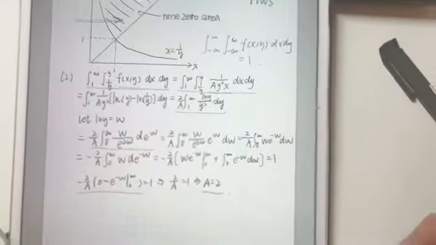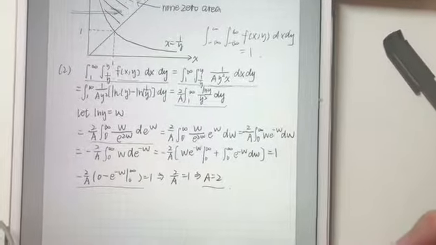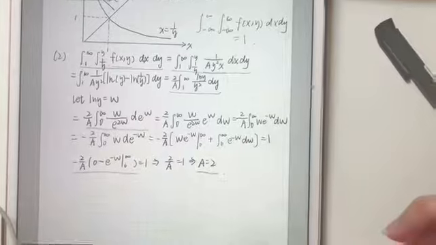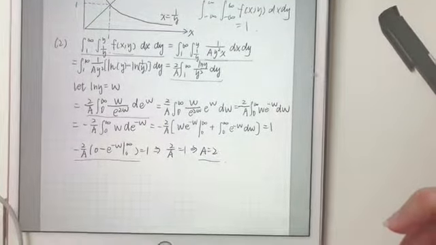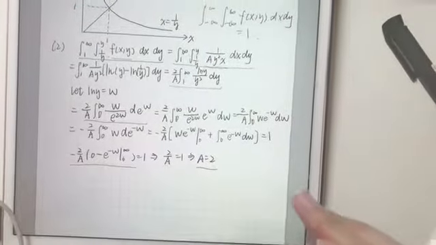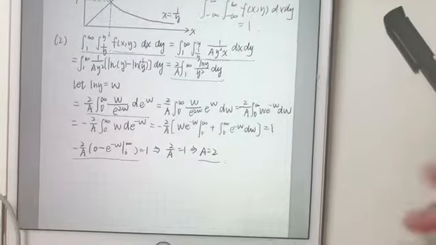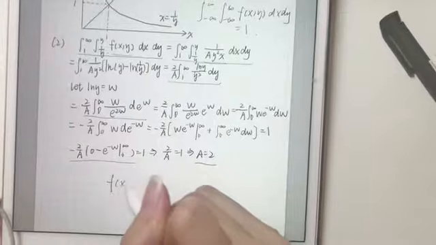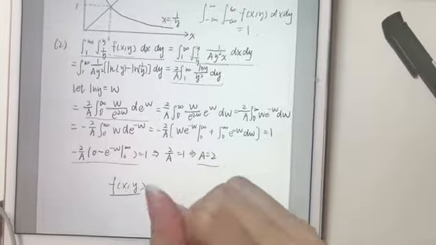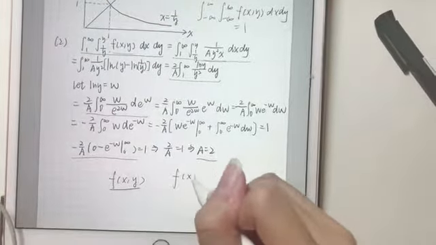After we got the value of a, question 3 asks us to find the marginal density functions of f_X and f_Y. Looking back at the condition, what we have is f(x,y). Now we have to find f_X.